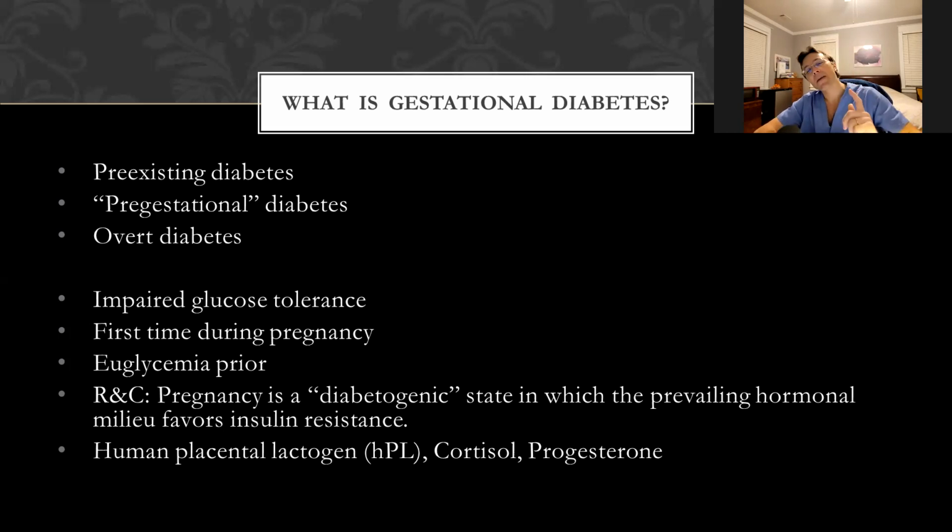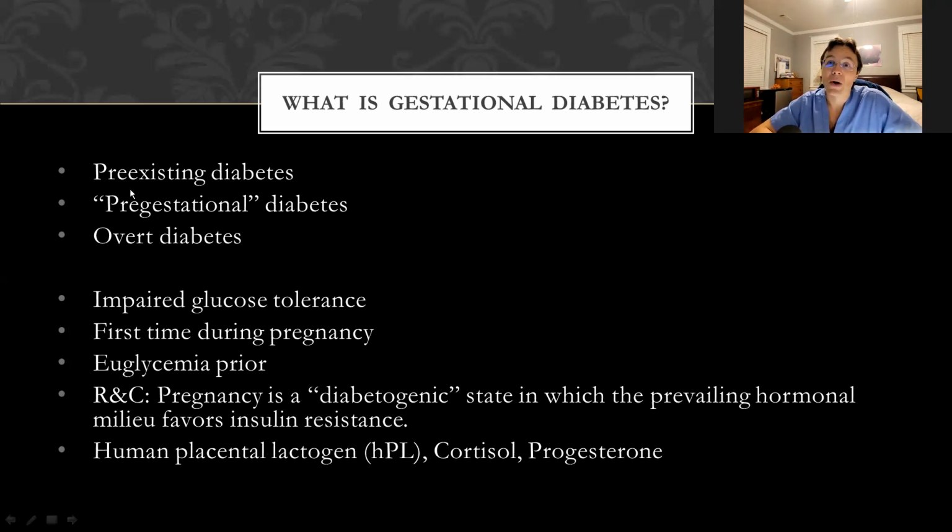And remember, I mentioned that if you had diabetes and become pregnant, it's just a diabetic who got pregnant. Well, there is a term for it. There is a name for it. In medicine, everything should have a name for easier communication. So sometimes we call it pre-existing diabetes, right?